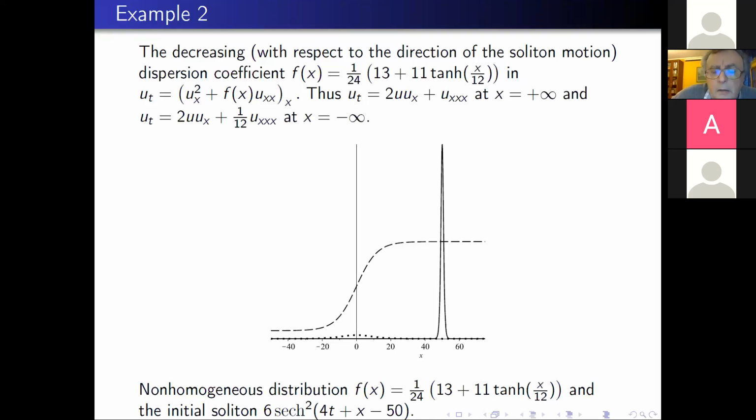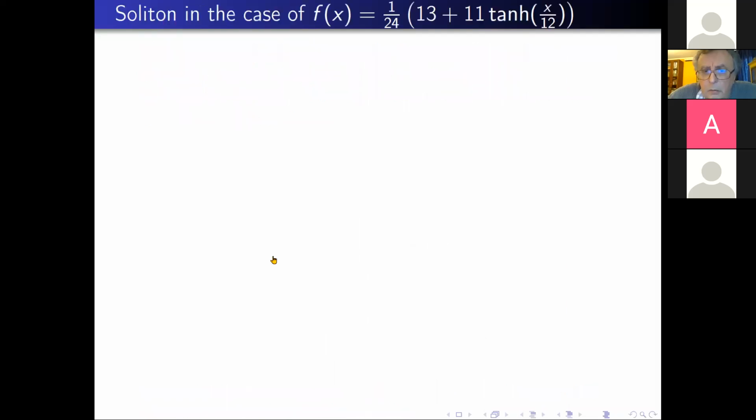And there must be, for that matter, only one result, only one peak, no splitting, but diminishing or enlarging of the soliton. Let's see how it works.